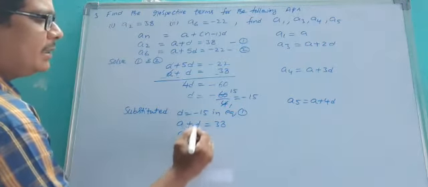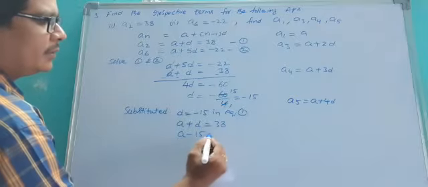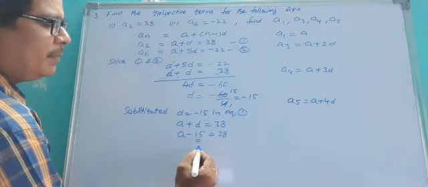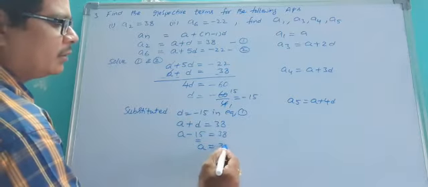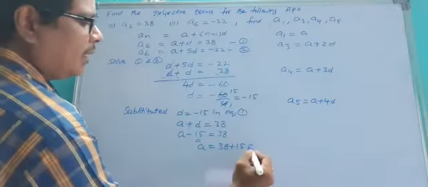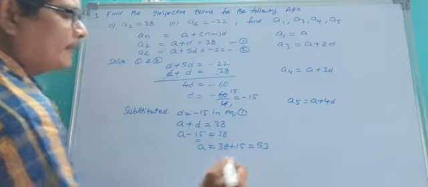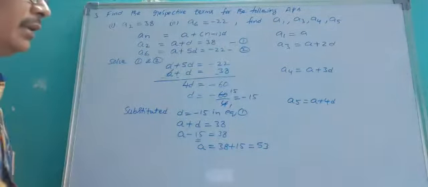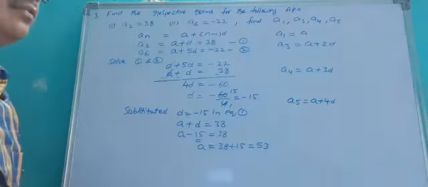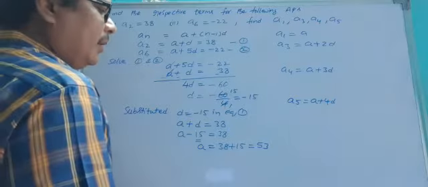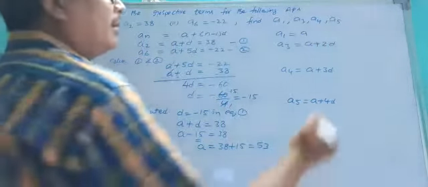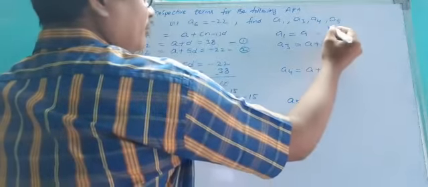A plus minus 15 equals 38. The minus 15 on transposition becomes plus 15. So 38 plus 15, totally 53. 8 plus 5 is 13, 1 carried, 4 plus 1 is 5. 53. Now we have to find A1, A3, A4 and A5. A1 is 53.